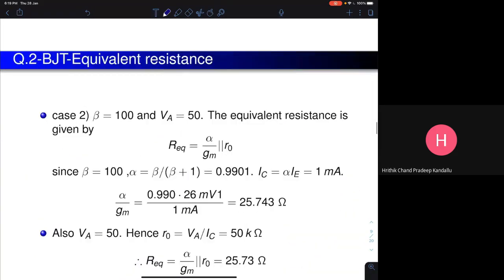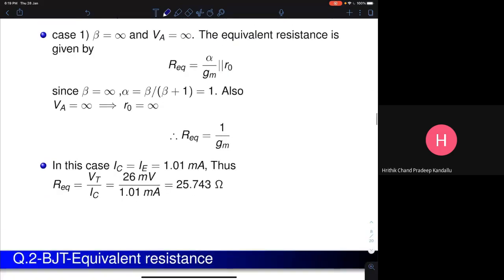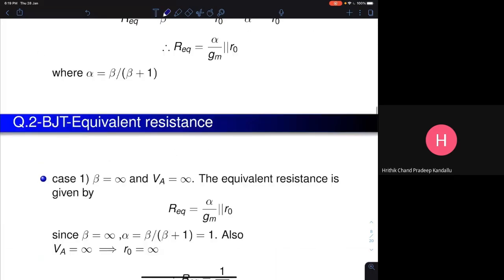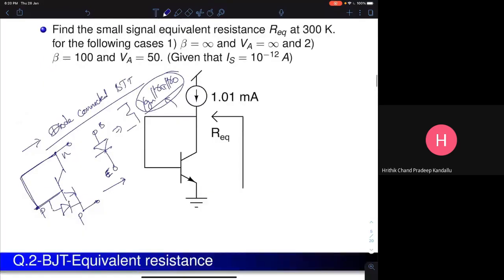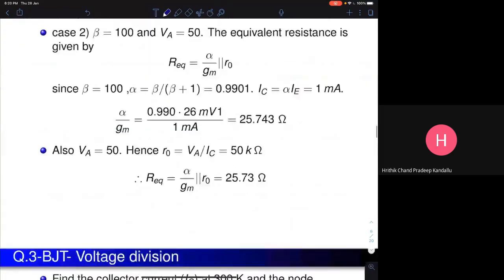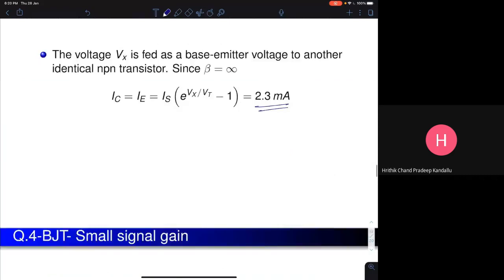And 1 by GM is VT by IC, so you can calculate the value.